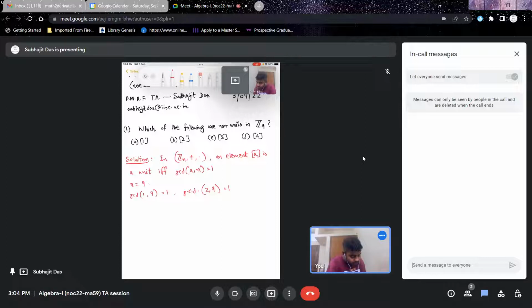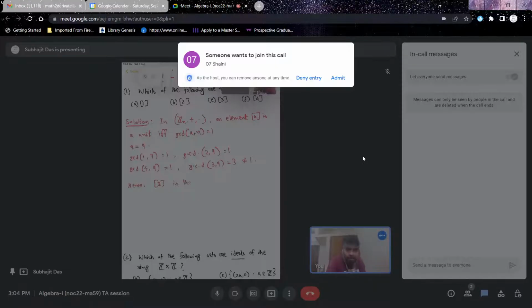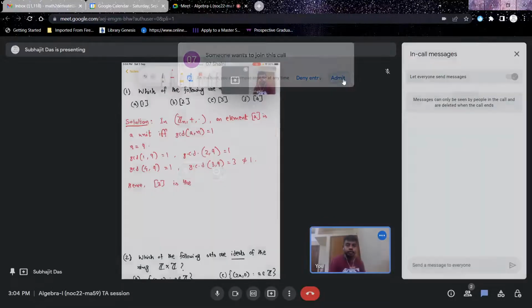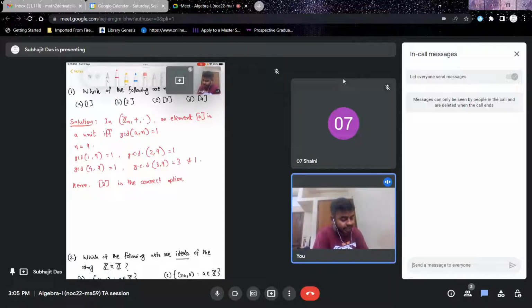GCD of 4 comma 9 is also 1, but GCD of 3 comma 9 is 3, which is different from 1. Hence we can say that 3 is the correct answer.